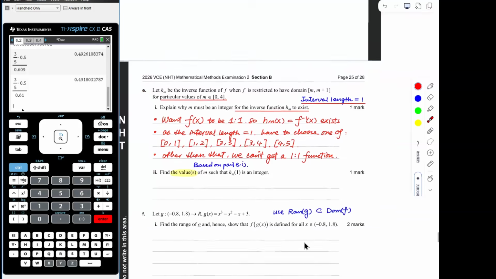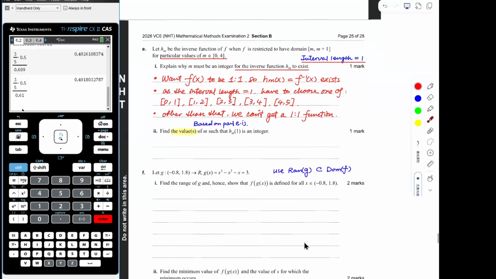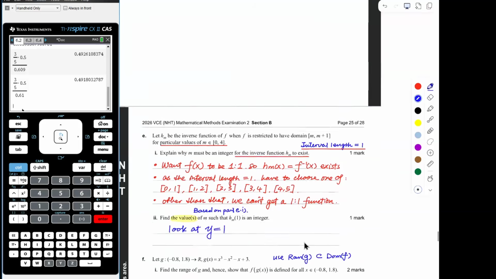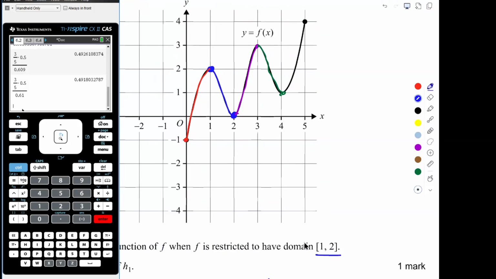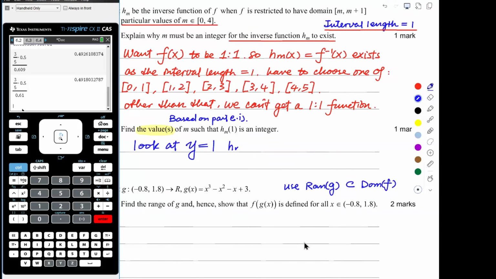Therefore, in order for h m of 1 to be an integer, we look at y equals 1, because that was the previous output before you take the inverse. So the only integer point is (4, 1), okay? The only possible h m of 1 equals 4 only. This is the only integer.